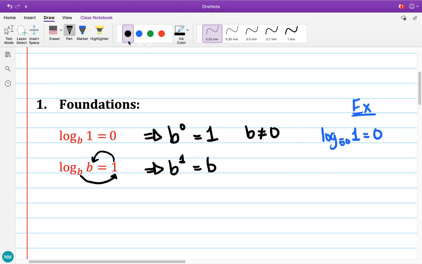So an example of that would be log base 50 of 50 is equal to 1. Log base 97 of 97 is equal to 1. I'm going to keep one example here.